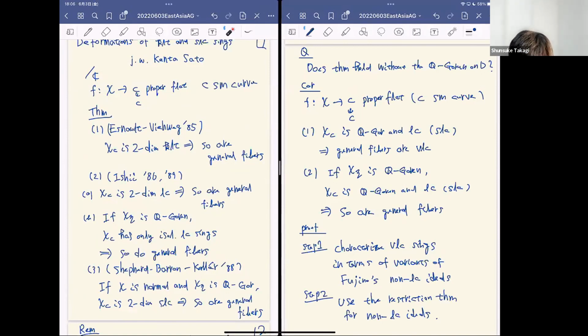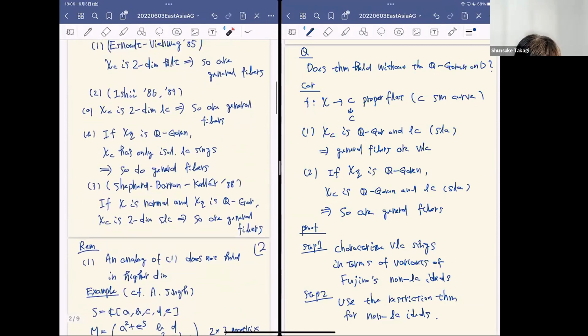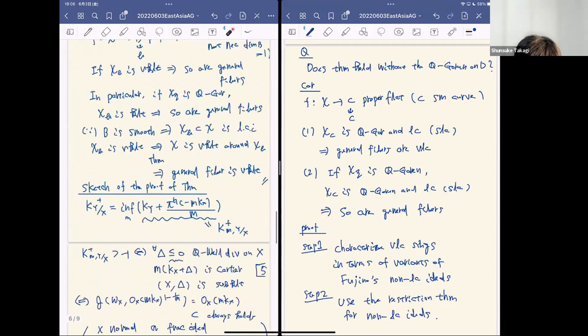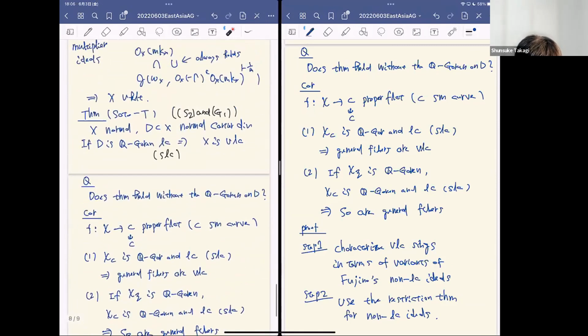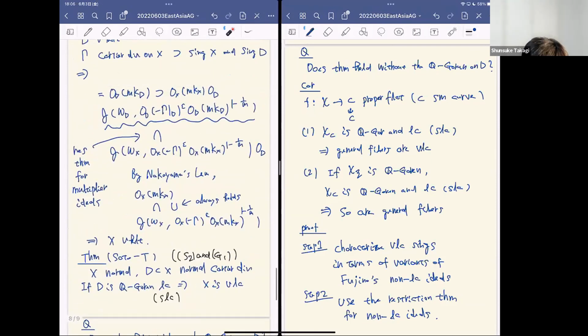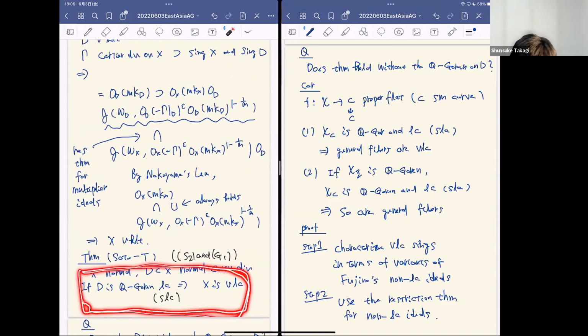So we reprove the restriction theorem for our non-LC ideal, and using that restriction theorem, we proved this statement. If Cartier divisor D is Q-Gorenstein log canonical, then X is variative log canonical.